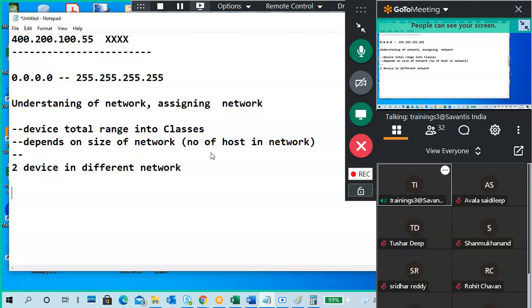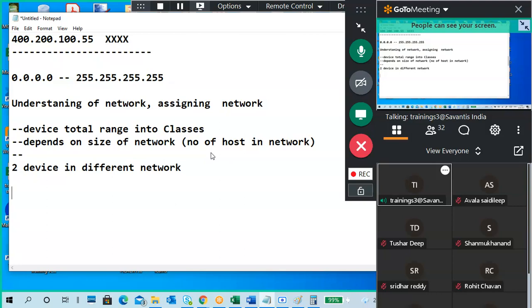If you check your IP address, maybe you and me having the same IP address is possible, because we are completely on different networks. But there are many things for that point. For example, I'm in one room, you are in the next room, and I have one LAN network, you are in another LAN network. If I connect both networks directly, then definitely I have to maintain different logical networks. So physical and logical networks.